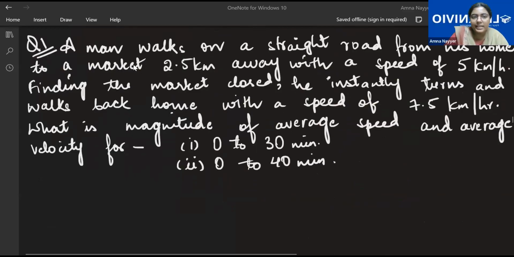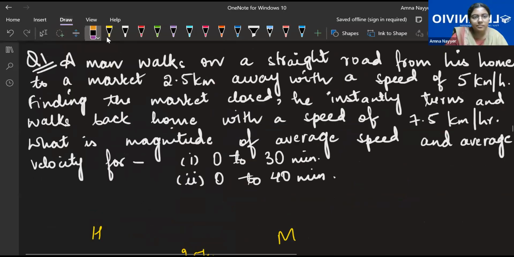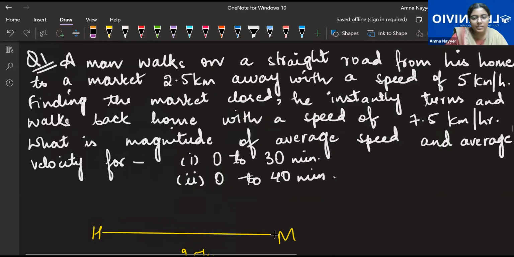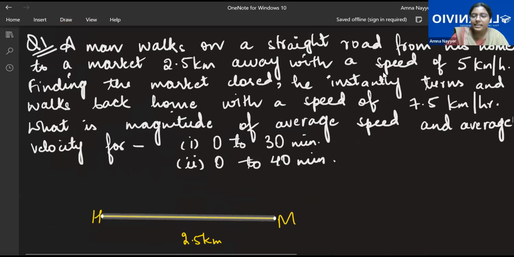Okay, look class, this question says a man walks on a straight road from his home to market. So pay attention here, this is home and this is his market. The separation is 2.5 kilometer. Then it says, finding the market closed, he instantly turns back home with a speed of 7.5.